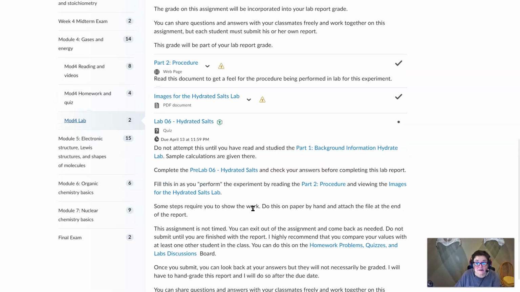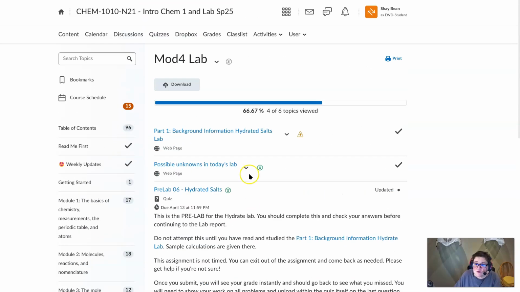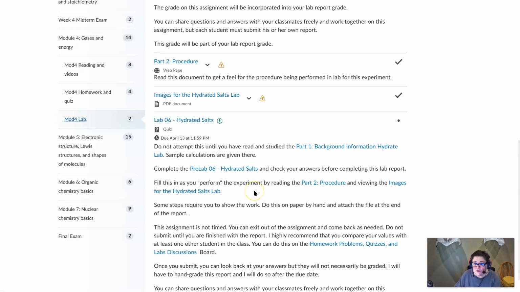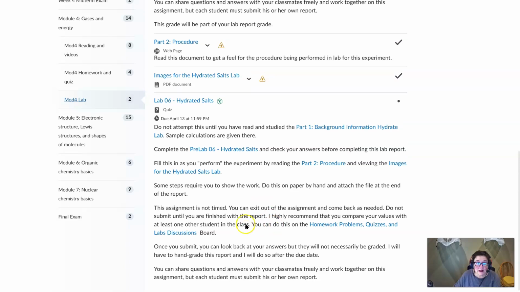You've done that in the past, so that's similar. If you have any questions as you're going through it, both the pre-lab and the lab, there's no timer on it. So you can open it up, take a look at it, work a few problems, close it, go away, get some help, come back to it. That's the way your labs work this week. And it is only one lab this week.